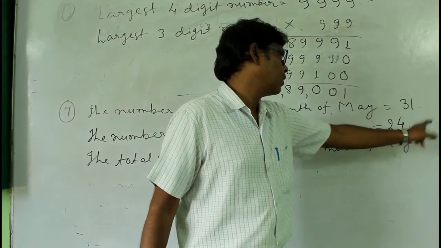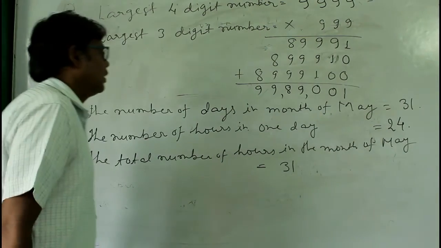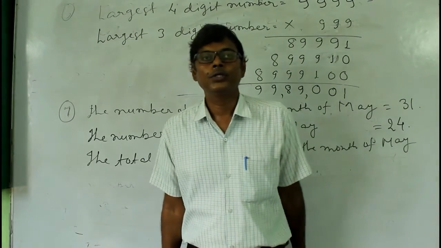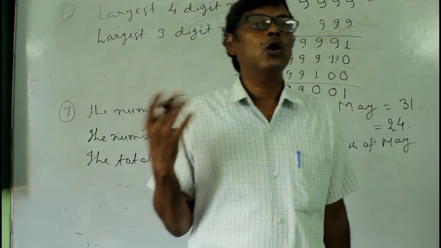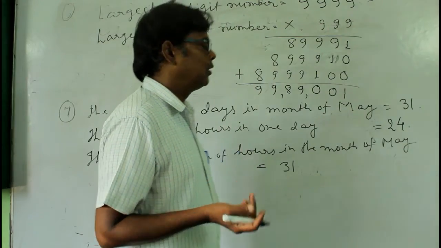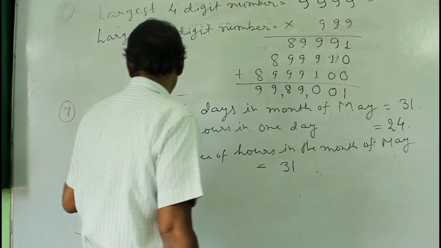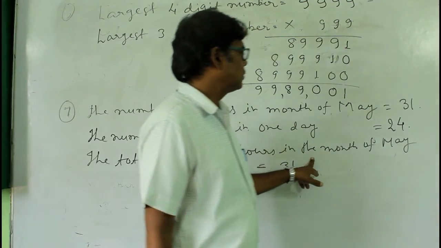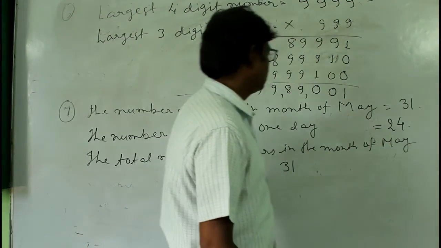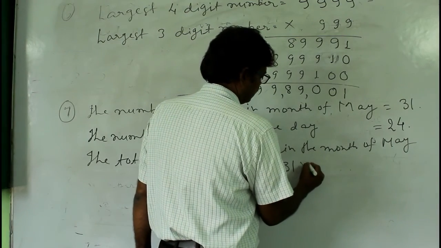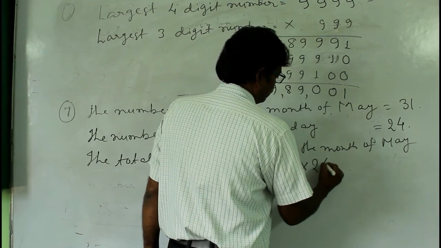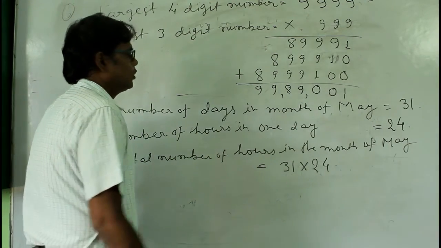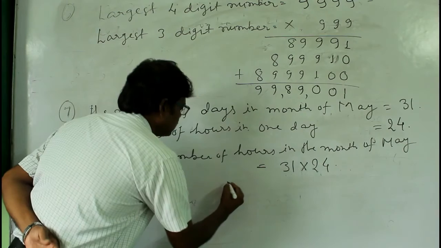So this is 31 days, 24 hours. Now we have to tell how many hours there are in the whole month of May. So here the total number of hours in the month of May is equal to 31 multiplied by 24. Now you will show this multiplication in the answer itself.